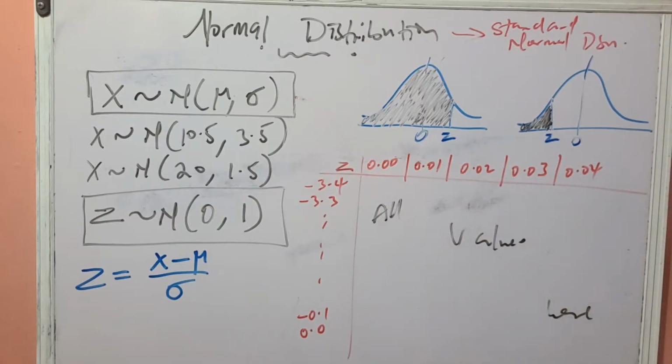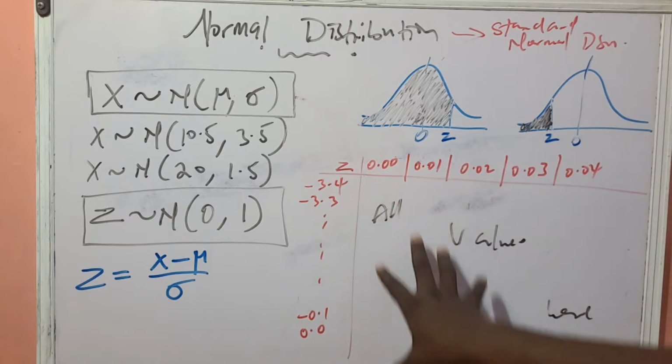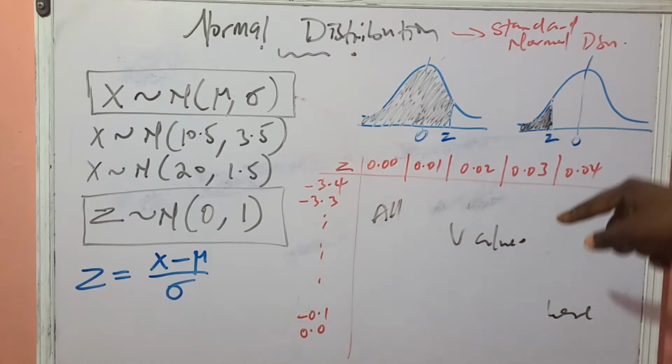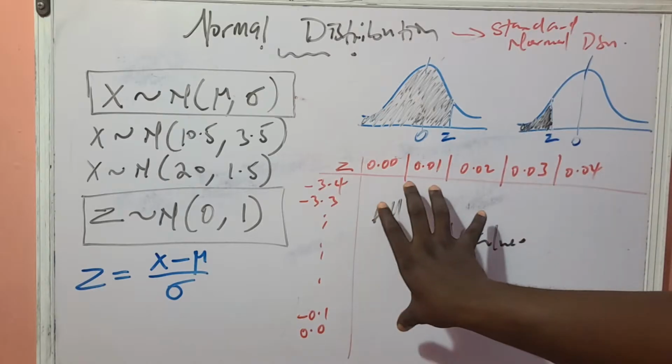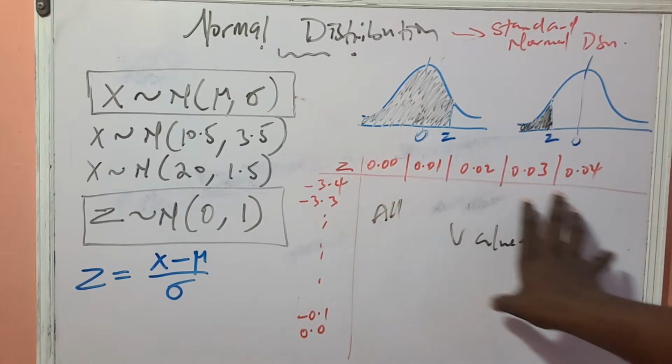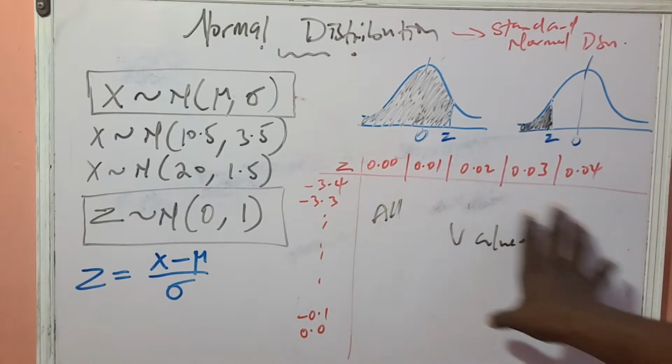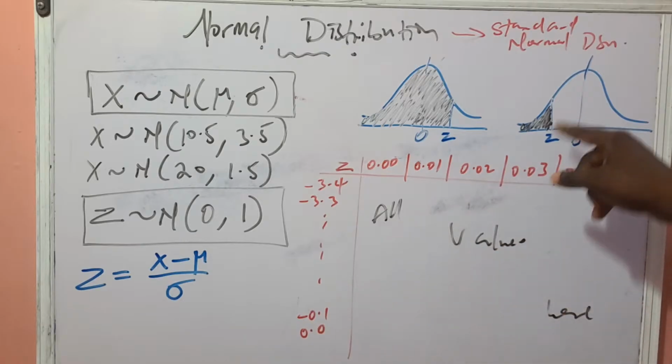Those values represent the area under the curve that you are dealing with. We're going to get into it very soon. So all these values here represent the area under the curve. These are the answers you majorly will be looking for. So they represent the probability.